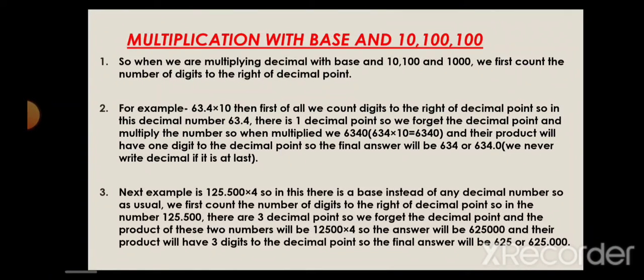After multiplying these two numbers, we get the product as 625000 only, and the product will have 3 digits right to the decimal point. As already discussed, our first step was to find the number of digits right to the decimal point. So our final answer will be 625, or 625.00. And remember, as I have already told you, we never write 0 if it is at the last.